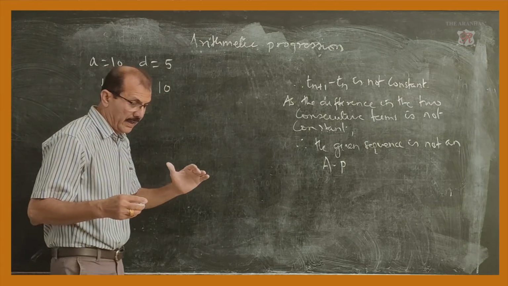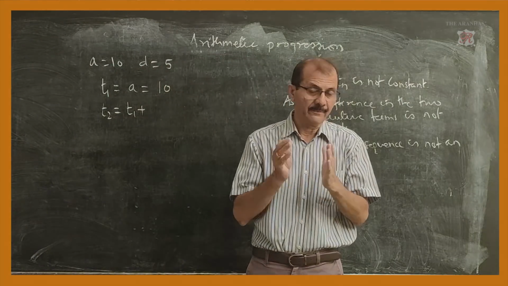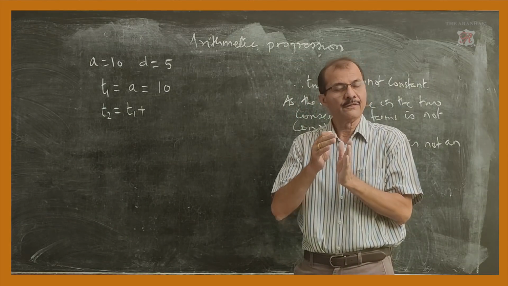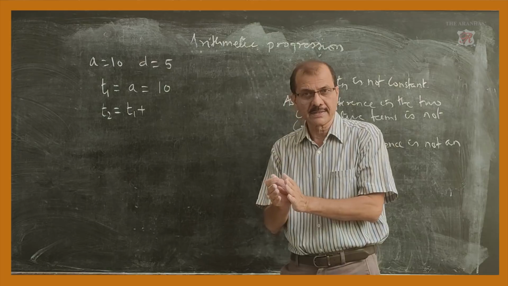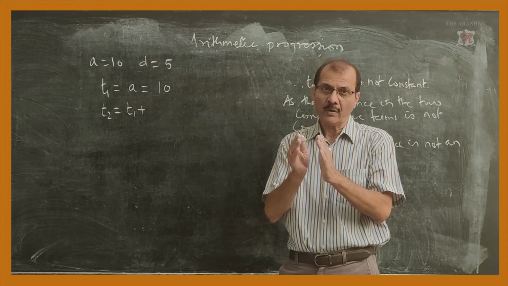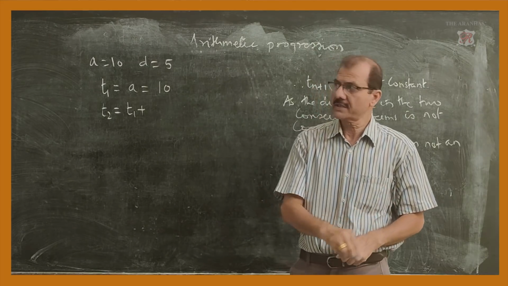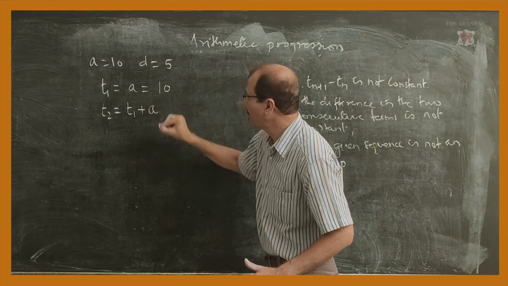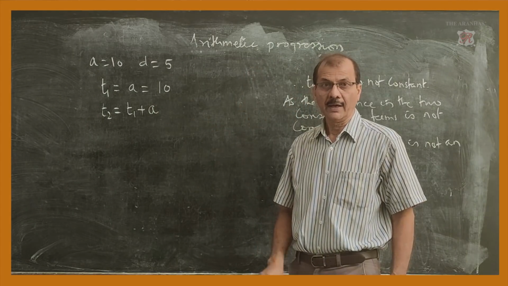So how to get the next term? See, if you know the first term and if you know the common difference, then to get the second term, add the common difference to the first term. So T2 will be T1 plus D. Correct? I hope this is clear.